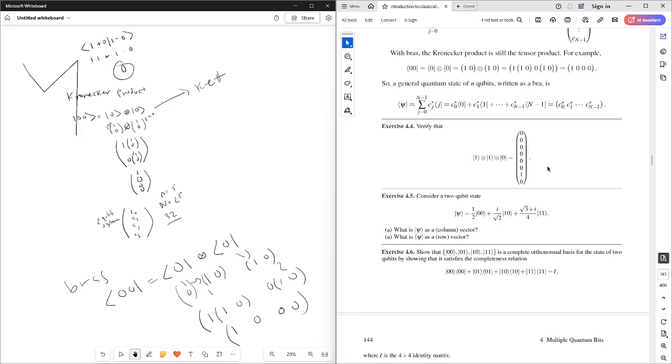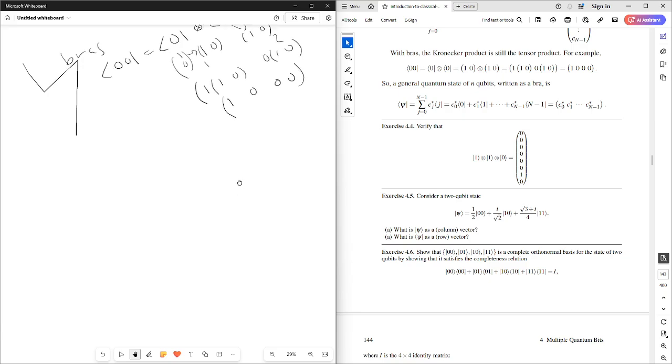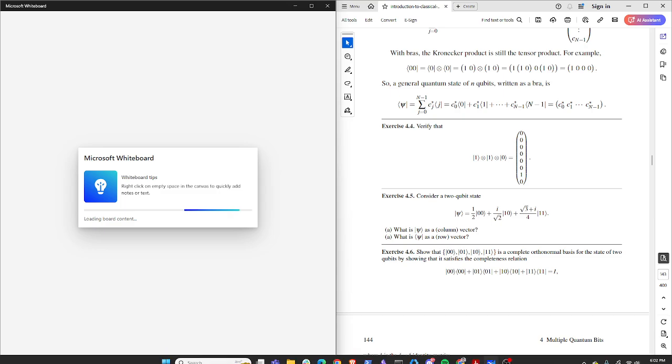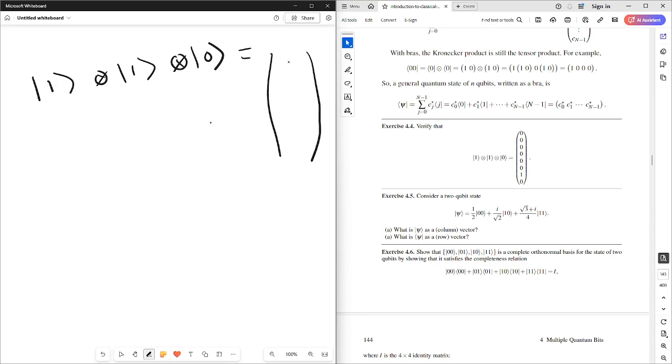We could do verification here. Let's do 4.5, just to work the kinks out, right? Make sure we're good to go. So 1, 1, 0. We want to verify that this is equivalent to this 8, which is 0, 0, 0, 0, 0, 0, 1, 0.